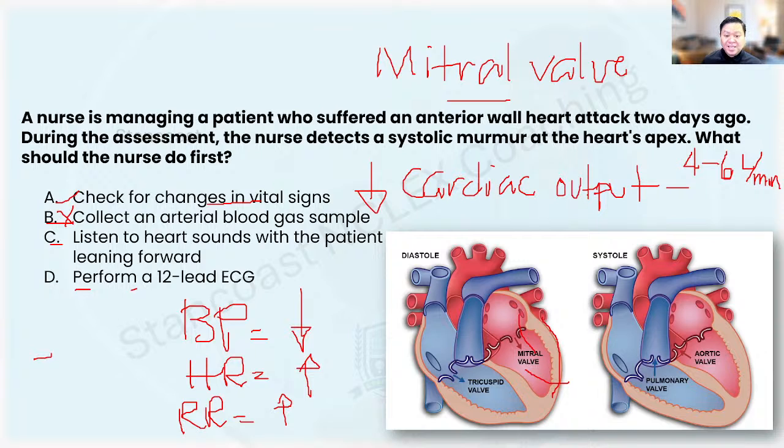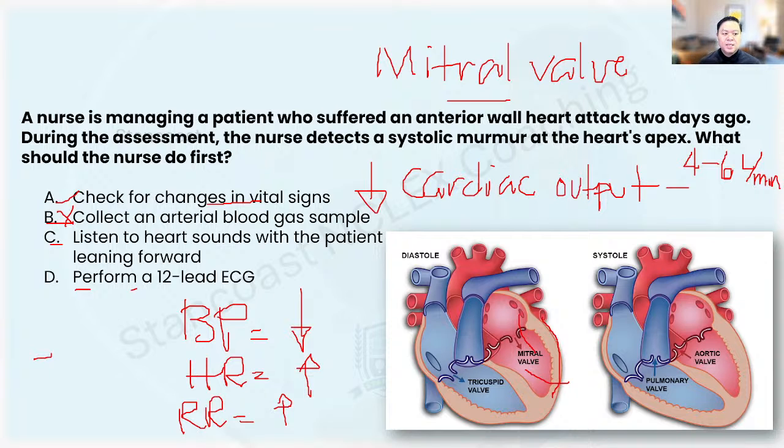The EKG will be able to help us in telling the location of the injury, but not really about the murmur, which is now a revelation that there is an impairment in the mitral valve, and the EKG doesn't do that.